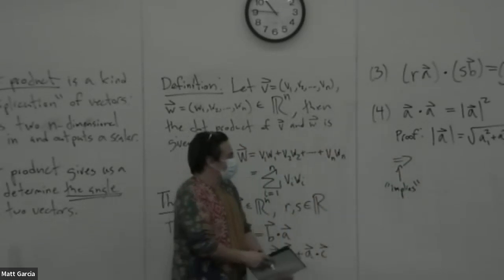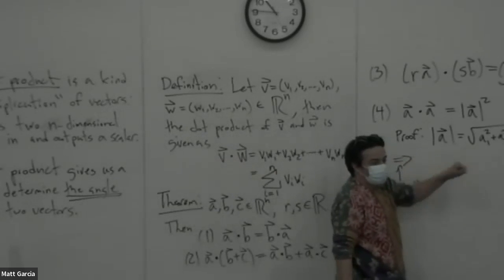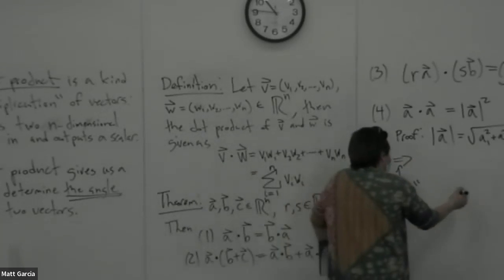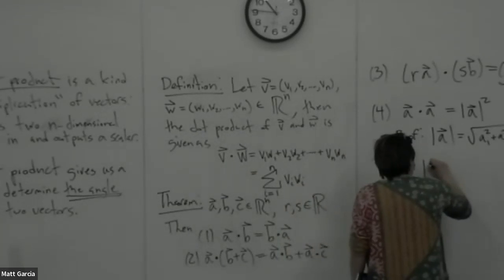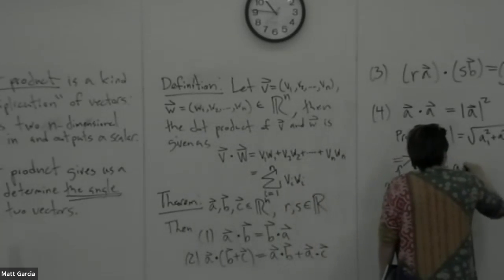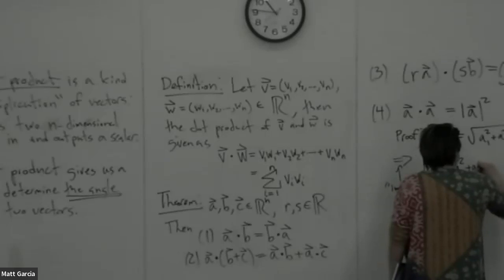Okay, so just remembering the formula for the magnitude of the vector a hat implies that if we square this, we just get the sum of the squares of the components.